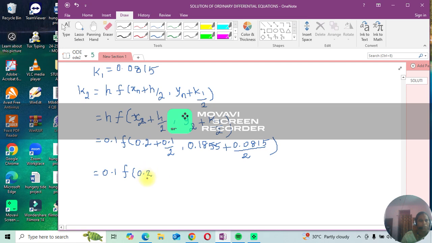Now dividing 0.0815 by 2, we get 0.04075, and adding 0.1855 we get 0.22625.